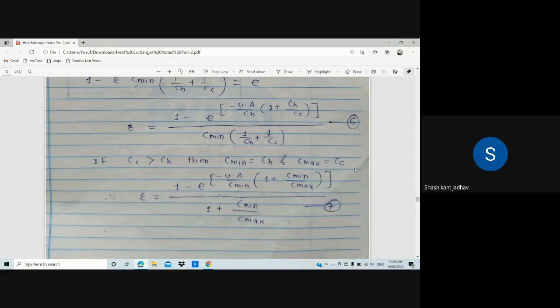Okay, so in equation number 6, instead of ch we have to put c minimum and instead of cc we have to put the c maximum. Okay, so in that form we have to write down the equation.